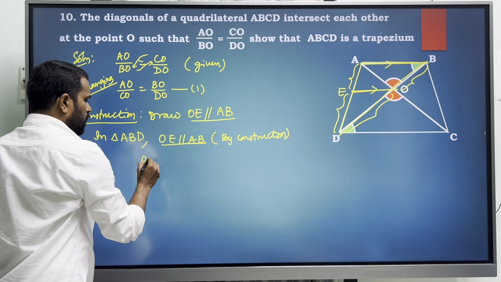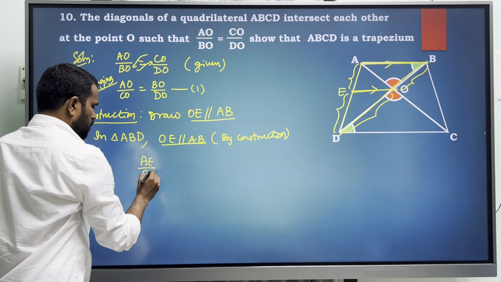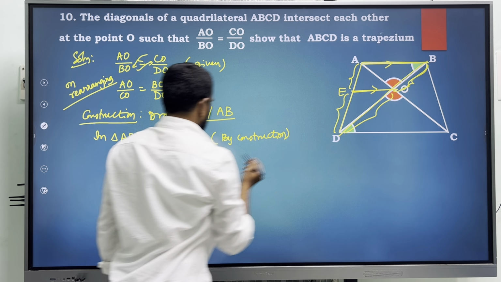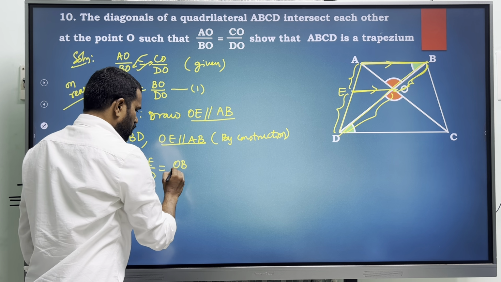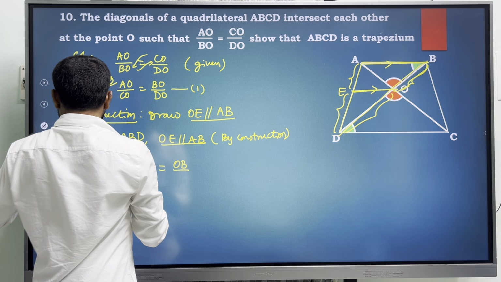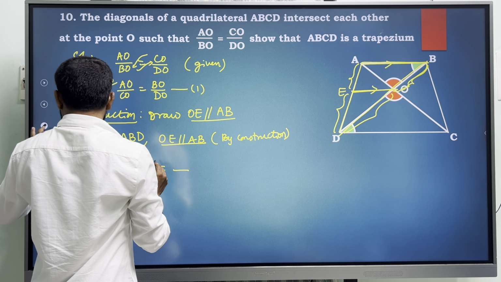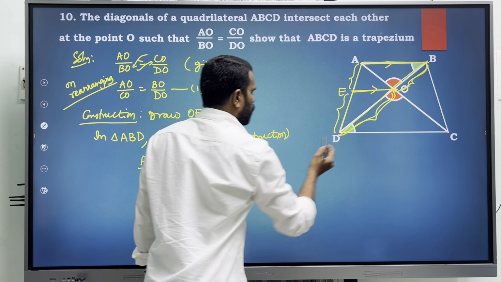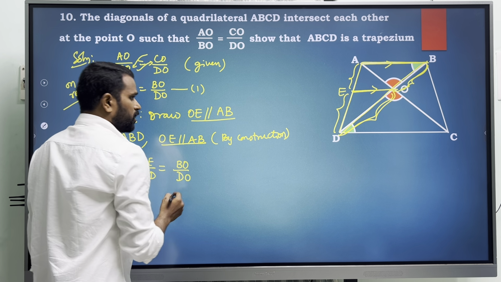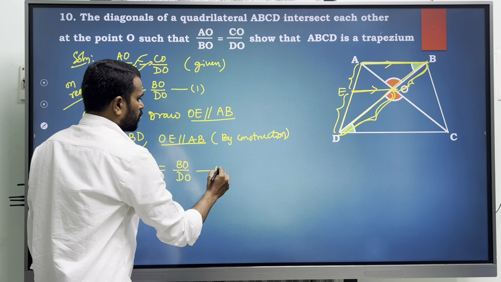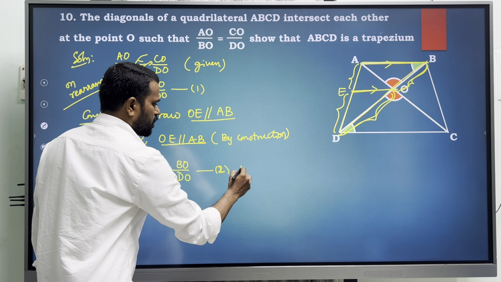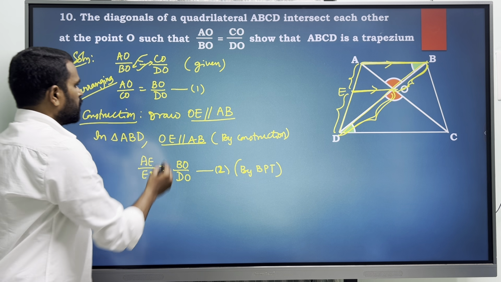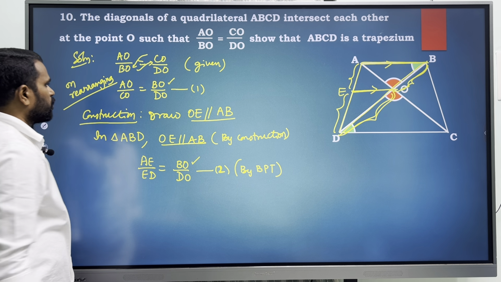We will write BO only. We want BO itself. So BO by DO, this is by BPT. See here, BO by DO. Call this 2.